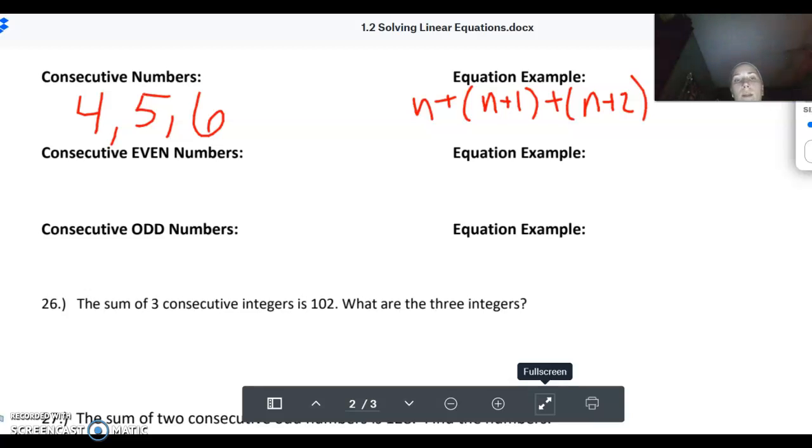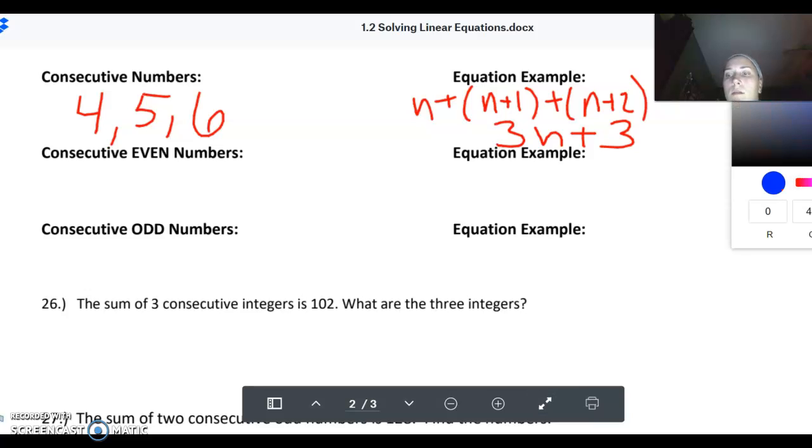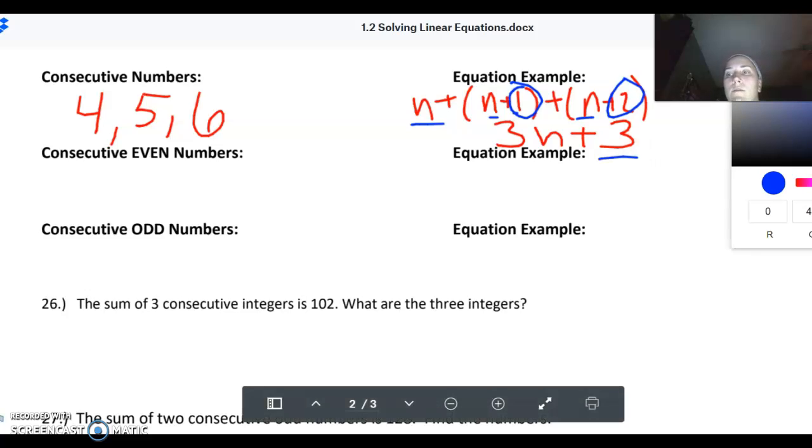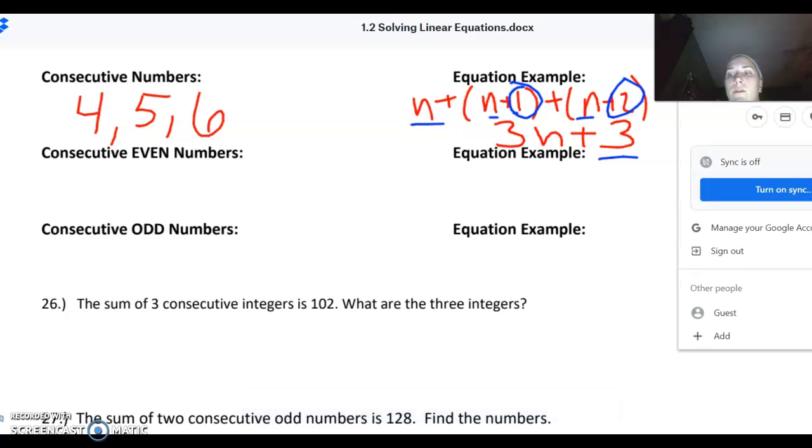From there, we can simplify that to 3n plus 3, because even though there's parentheses, there's just a plus sign. That means these are all just being added together. So we have n, n, n, 3n, and then we have 1 plus 2 to get us our 3 here. So that would be our equation for finding 3 consecutive numbers.